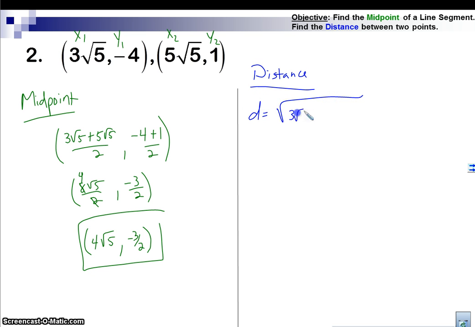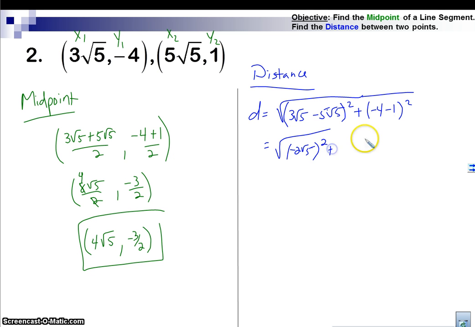All right, so to find the distance, we're going to use the distance formula. So we're going to have 3 root 5 minus 5 root 5 squared plus negative 4 minus 1 squared. Negative 2 root 5 squared plus, that's negative 5 squared.